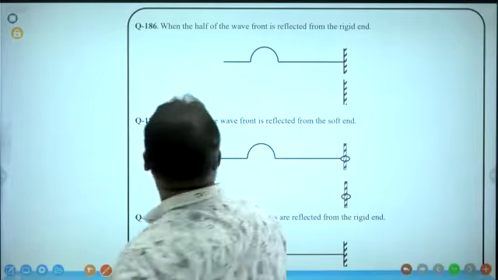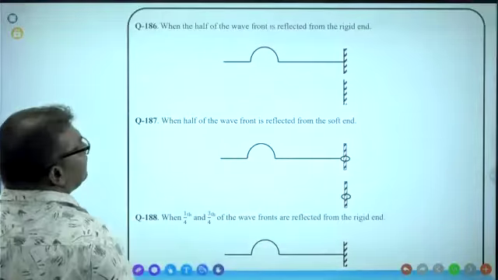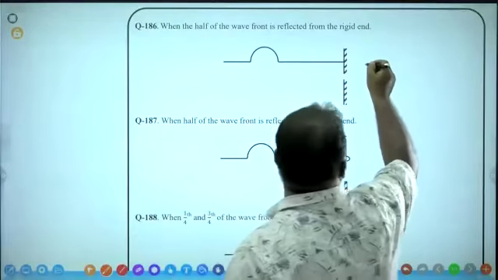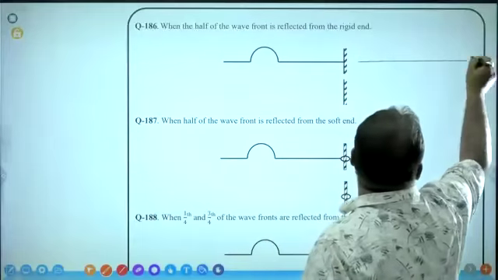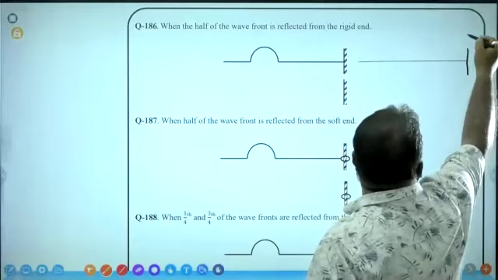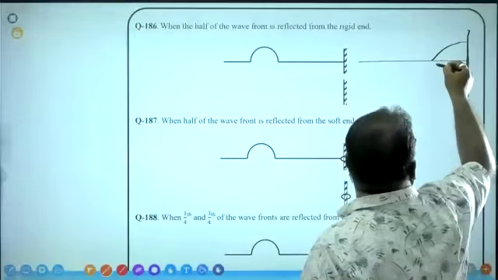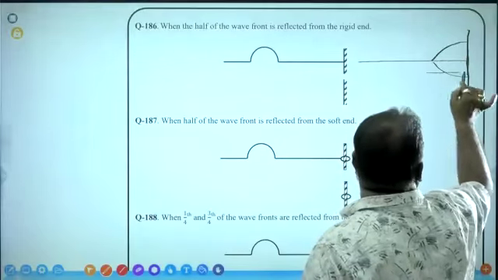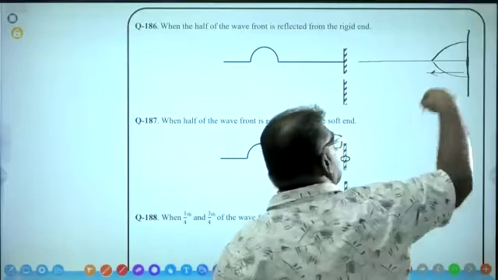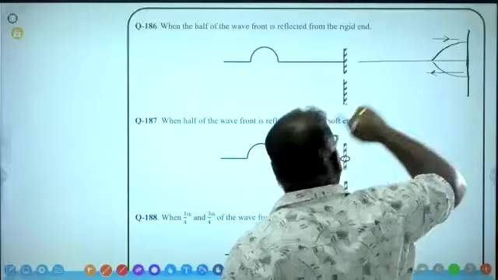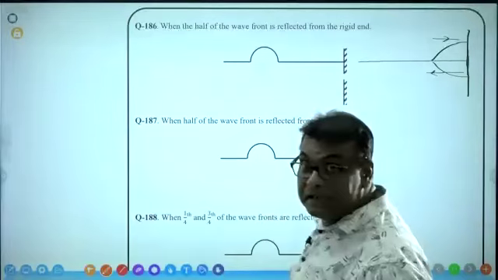Okay, enough time. When half of the wave is reflected, we can show it. Half of the wave is reflected, no? Like this. Half of the wave reflected. Then first half reflected, second half to be hit, no?